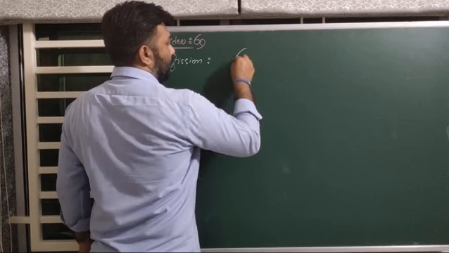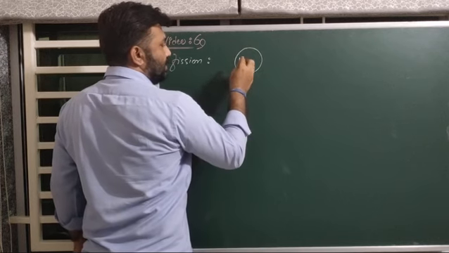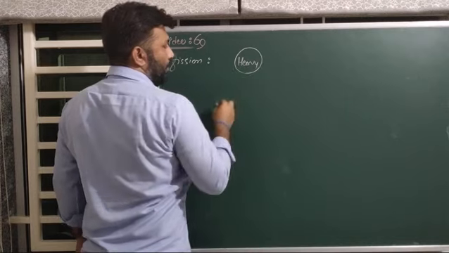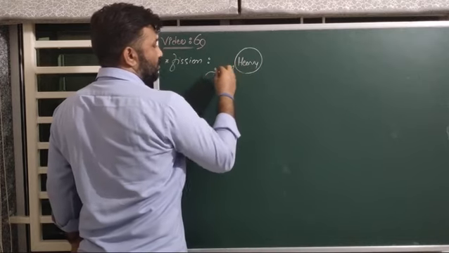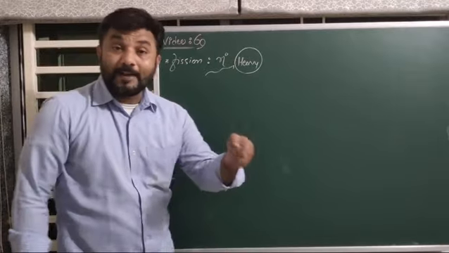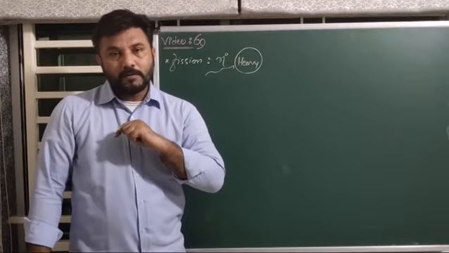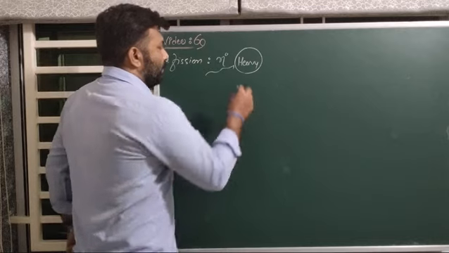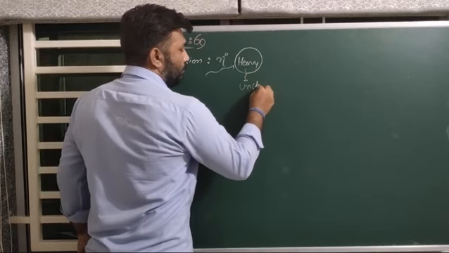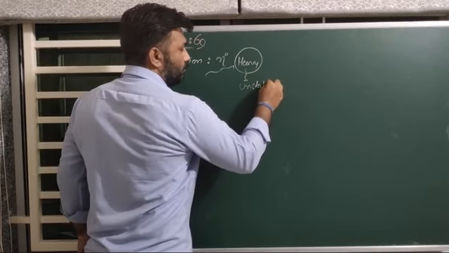Okay, in fission, what is that? This is a heavy nuclei bombarded by a neutron. The heavy nuclei absorbs the energy of the neutron and becomes unstable.